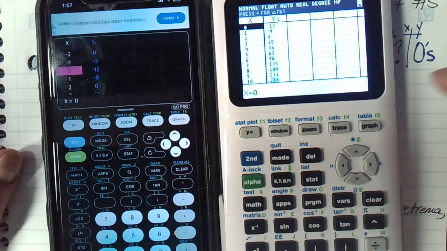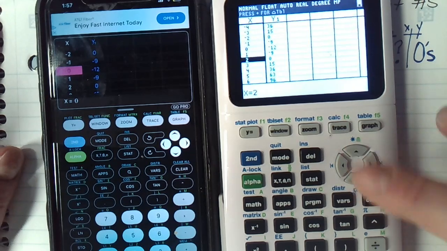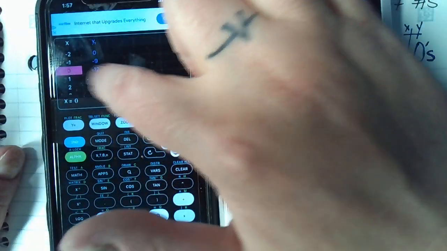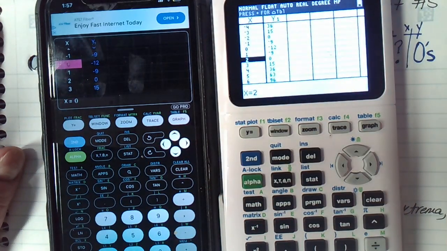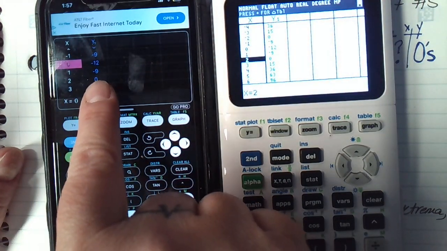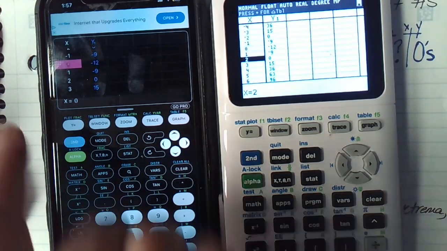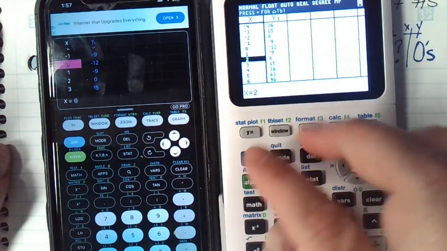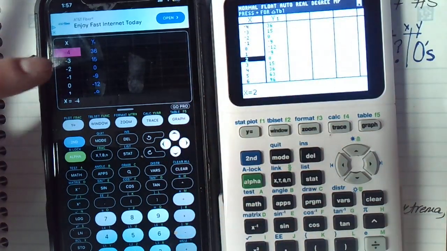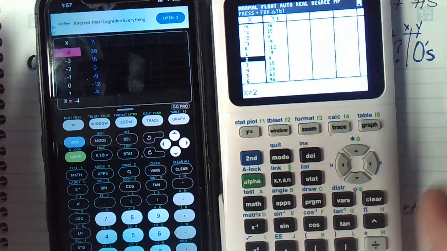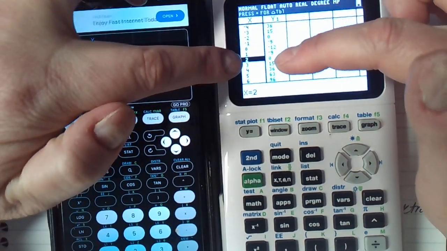Now we're going to look for the zeros. You can press up and down, on the phone too you have to press up and down. We're trying to find what has a 0 across from it. And we see that there's a 2, and there's another one, -2. Or on our handheld, -2 and 2.